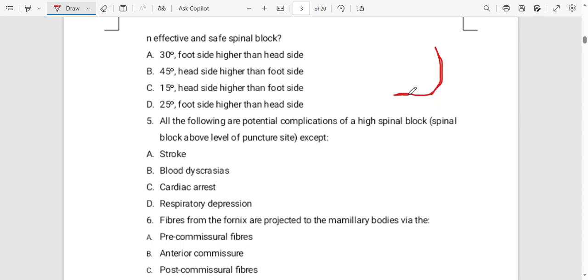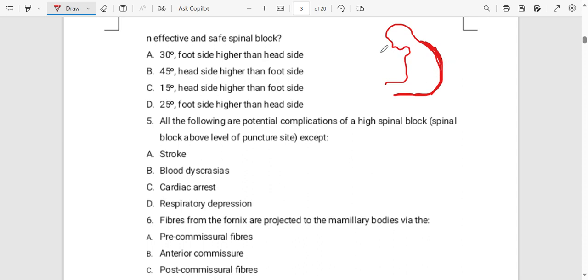Why have you picked C, Doc? Any suggestion? Why have you picked C? Oh, okay, thank you so much.